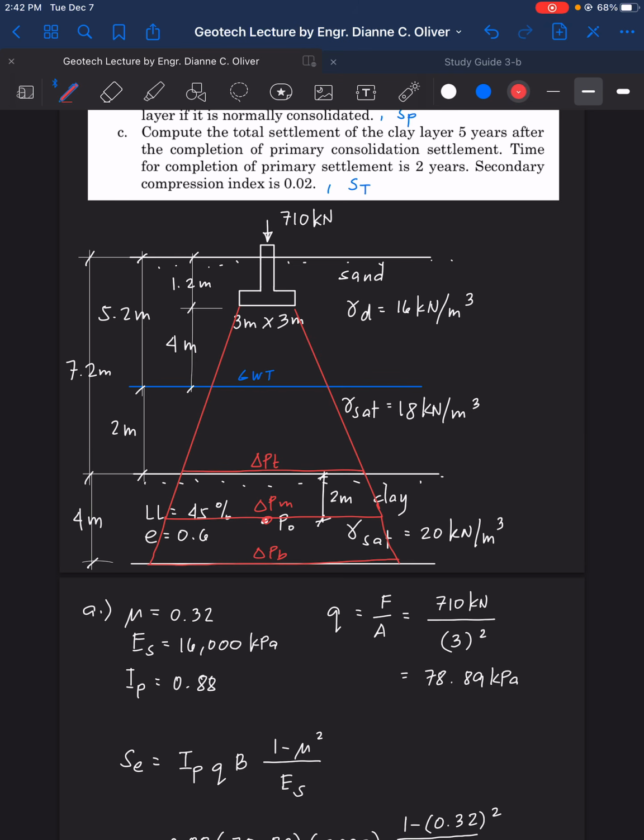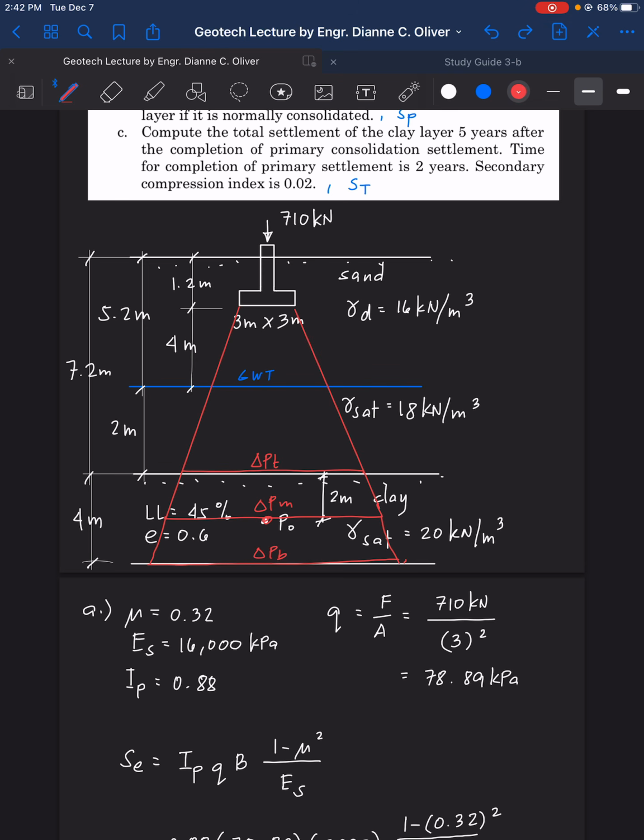So we need to find the dimension of B for the top, the middle, and then the bottom. So how do we do that?